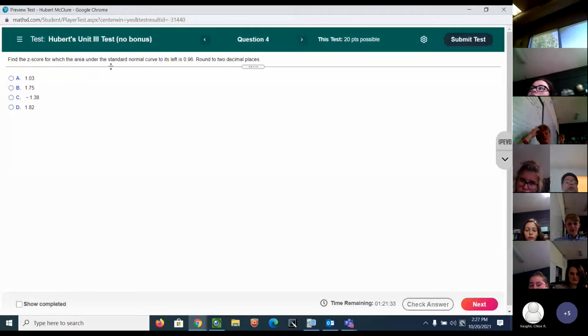Find the z-score for which the area under the normal curve to the left is 0.9600. Area to the left is 0.96. Well, that's 2.35. So right in here somewhere. Let's see, 2.35.